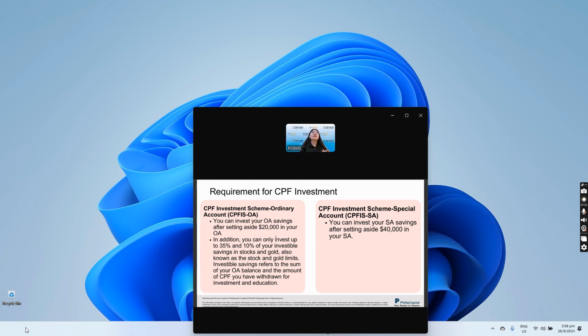Cash always has more options for investment. For OA, only a few unit trusts are allowed. In short, they're telling you that you cannot invest a large portion in high-risk products like stocks or gold. And also in SA, you need to set aside 40K before you do your investment.